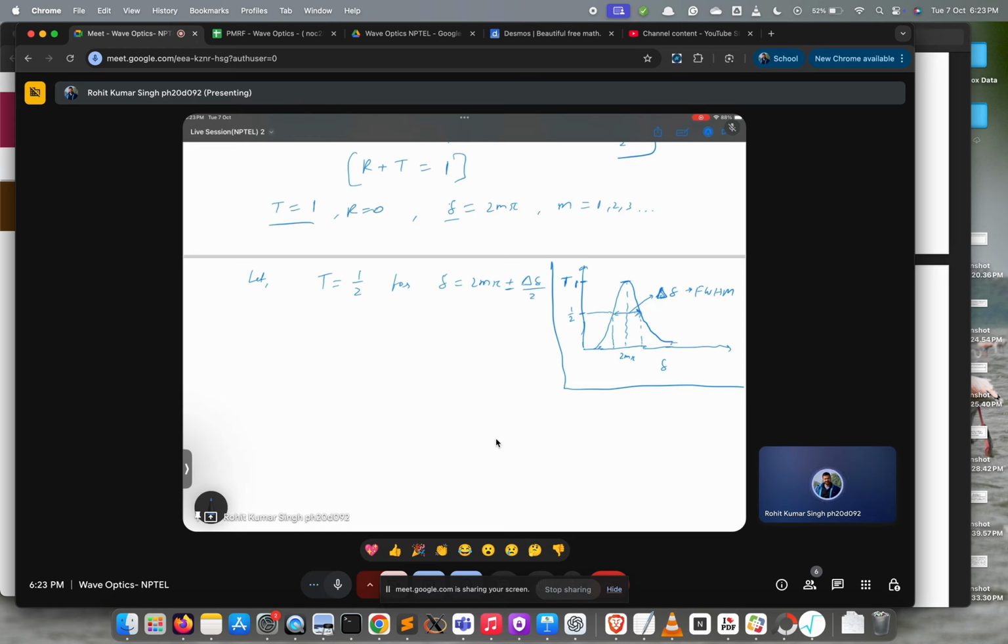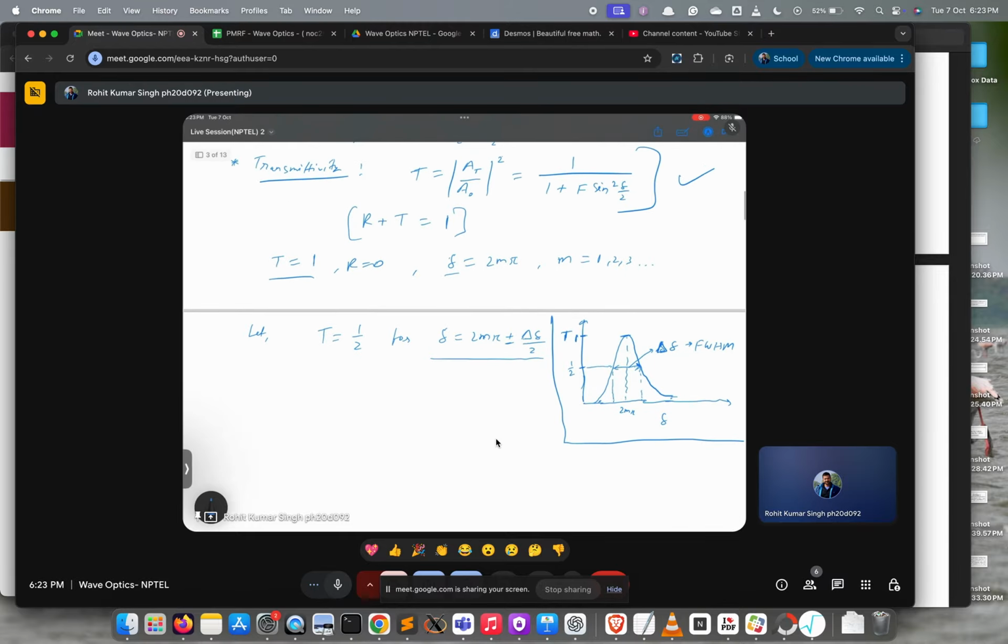So when does this happen? We have assumed that it happens at some angle delta. Now we can put this in this formula. On the left hand side you have half, on the right hand side you have 1 plus F sine square of 2m pi plus minus delta by 2, right?